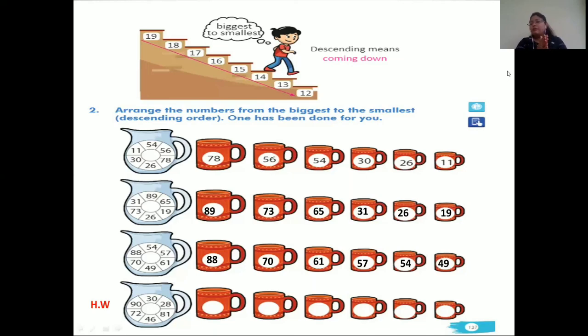What is the meaning of ascending order? Ascending order means when we arrange the numbers from smaller to larger, going up. And what is the meaning of descending order? When we arrange the numbers from larger to smaller, it means coming down. Such an arrangement is known as descending order.